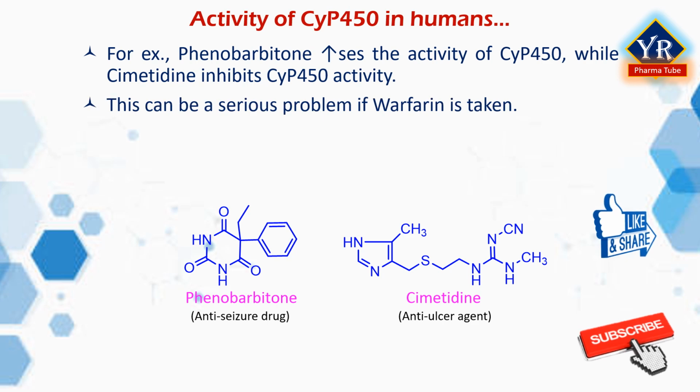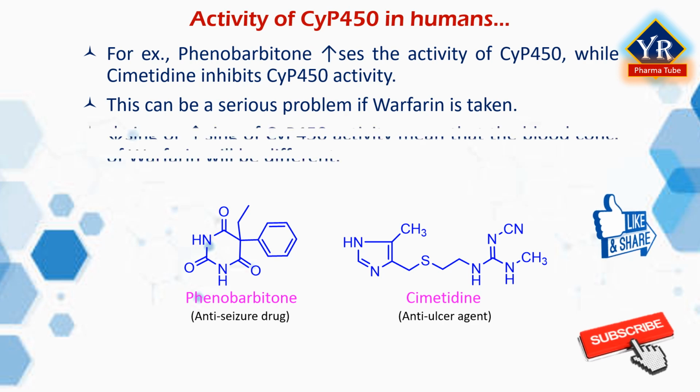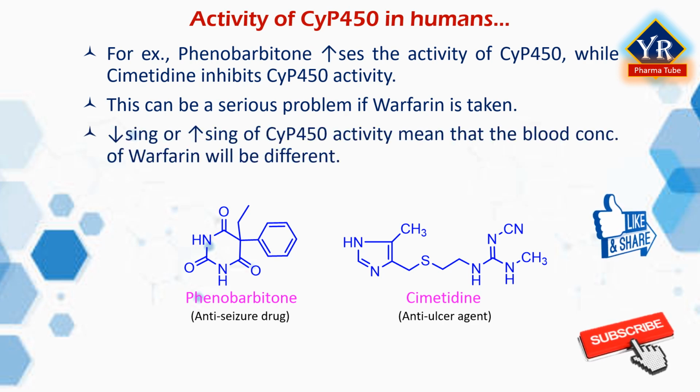This can be a serious problem if the patient is taking another drug, for example warfarin, an anticoagulant, which is normally metabolized by the cytochrome P450 enzyme. Inhibition or enhancement of cytochrome P450 enzyme activity will mean that the blood concentration levels of the warfarin drug will be different from those when the drug is taken on its own.